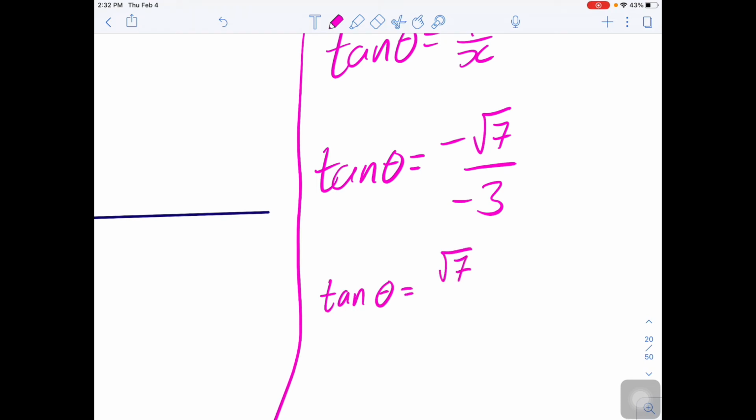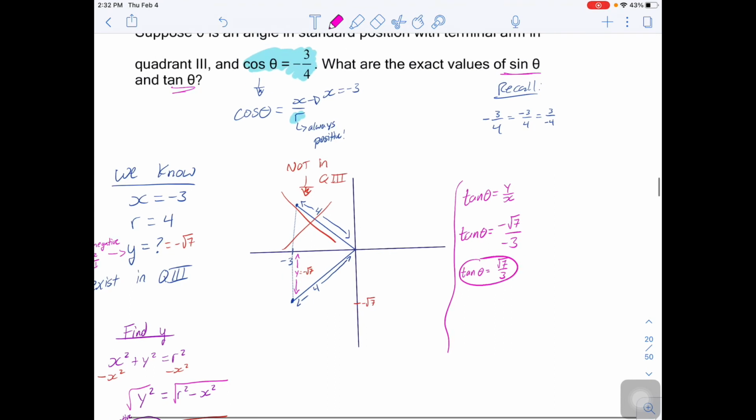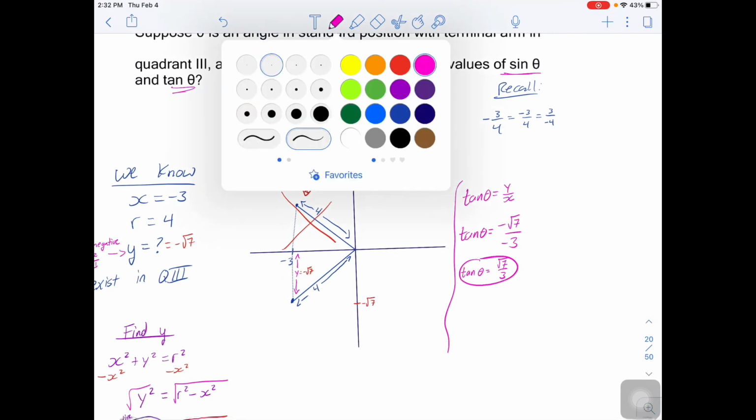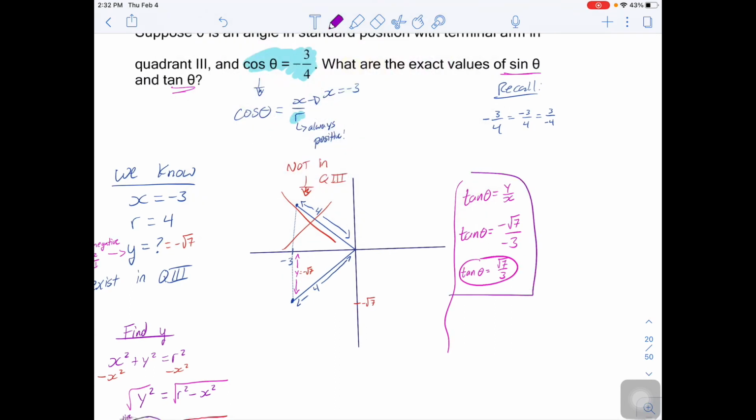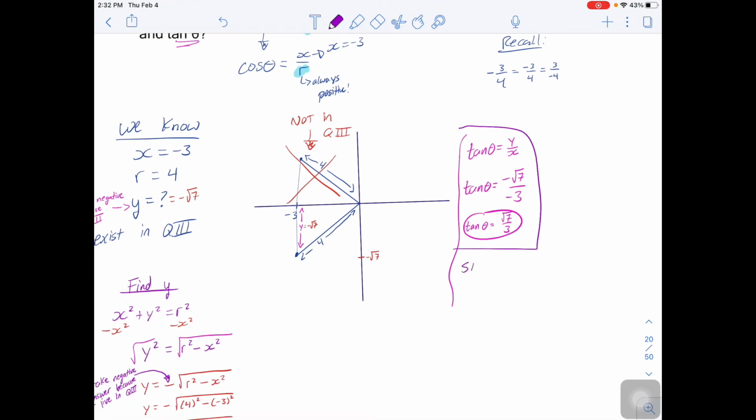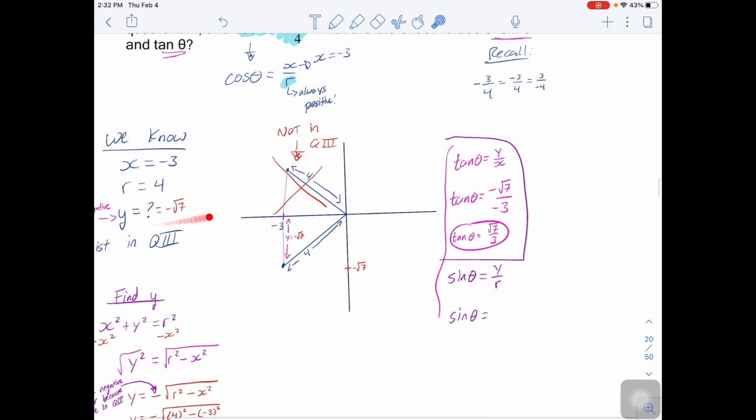So we get √7 over 3. And then, where do we go from here? Well, we ask ourselves, what is our sine ratio? Again, on your data sheet, you'll find that sine is y over r. So it's a matter of plugging in the correct values. So y is negative root 7.